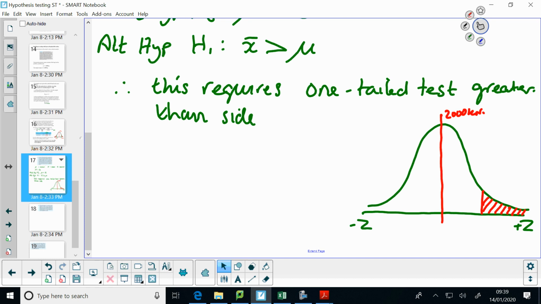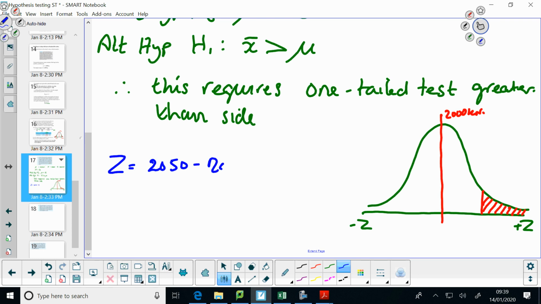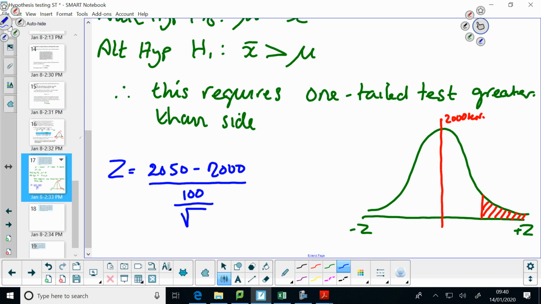So then we can find our Z value, and that is equal to, and I think you've all done this, the confusion is in finding, so we need this equal to x bar, which is 2050, minus mu, which is 2000, all over the standard deviation, which is 100, over the square root of the sample size, which was 50.